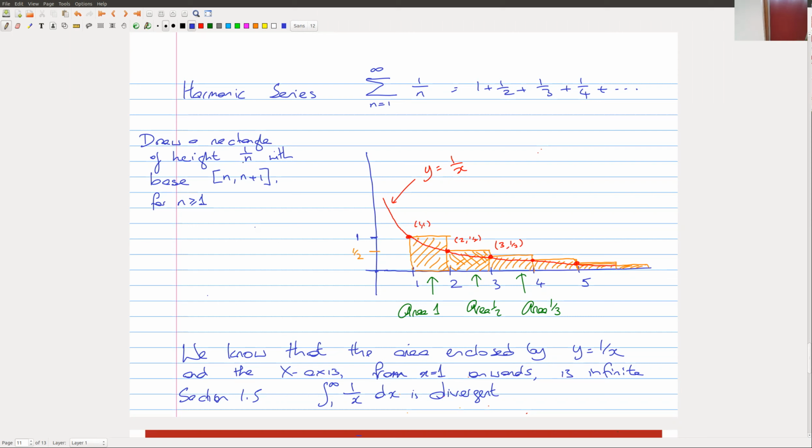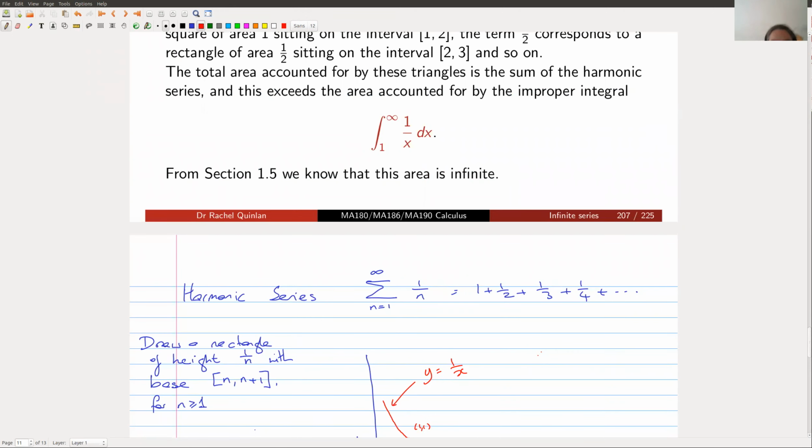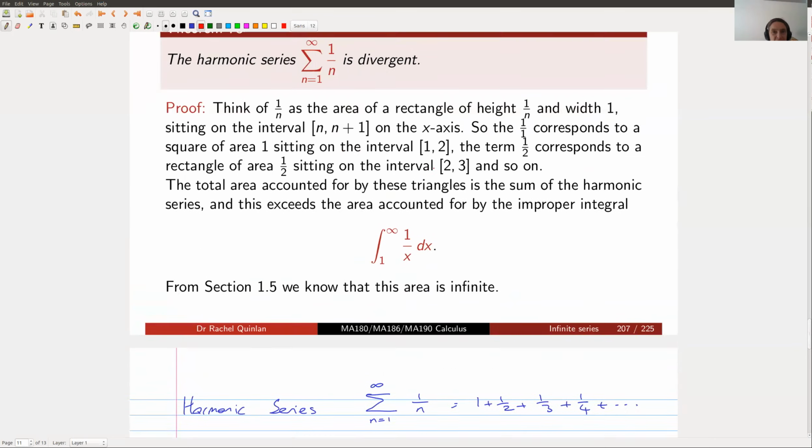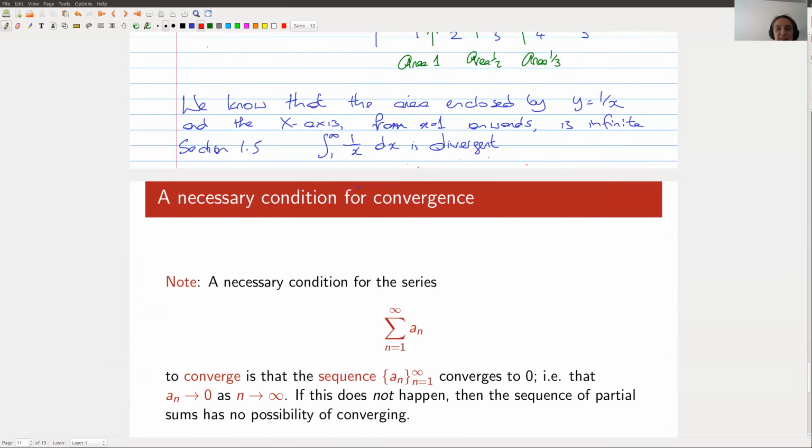The orange area includes all the red area under this curve, plus other bits that are included in the orange part, but not the red part. So certainly, if the red one is infinite, the orange one must be infinite as well. So that tells us that the harmonic series is divergent. And the same argument is basically written in text there on the previous slide.